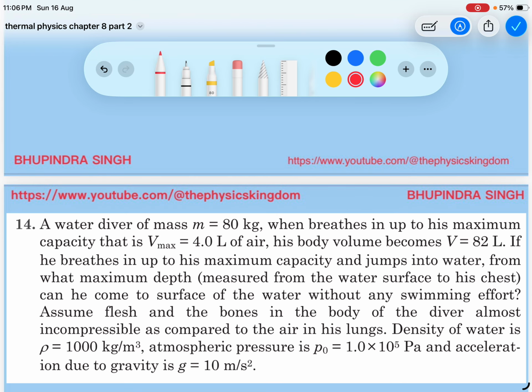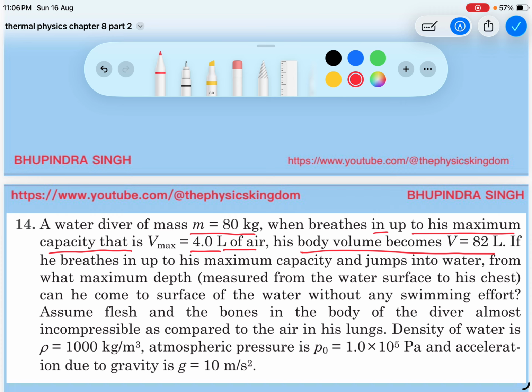A water diver of mass 80 kg, when he breathes in up to his maximum capacity, that is 4 liter of air, means he can increase his volume by 4 liter. His body volume becomes 82 liter.